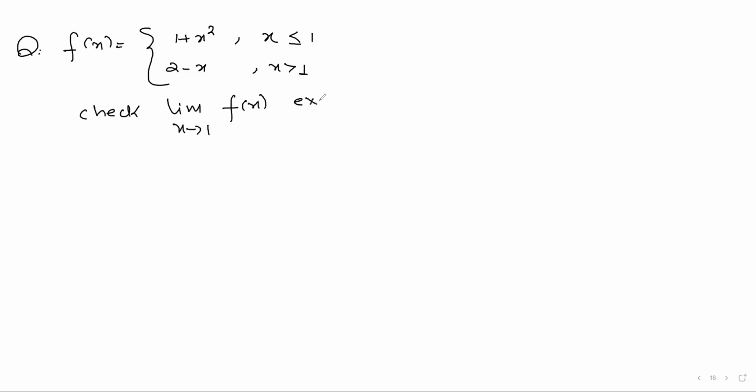f(x) is equal to 1 plus x square, x is less than or equal to 1; 2 minus x, x is greater than 1. Check limit x tends to 1 f(x) exists or not. Okay, Sparsh? Okay, sir. Please try this question.